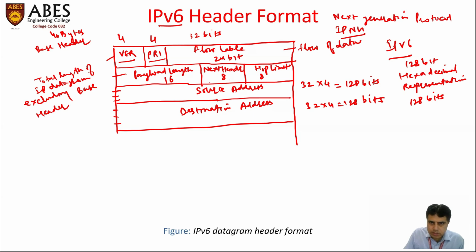Next field is next header. This is an 8-bit field. It defines the header which follows the base header in the datagram, pointing to the next header.